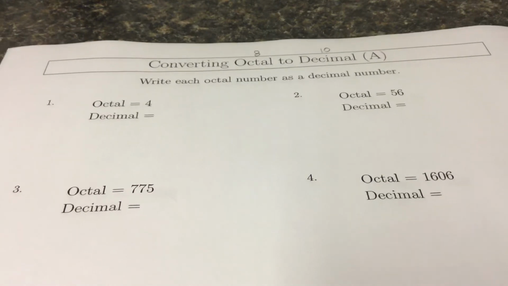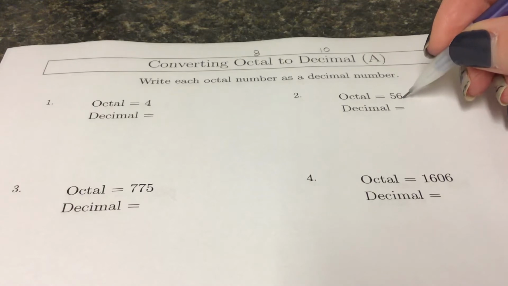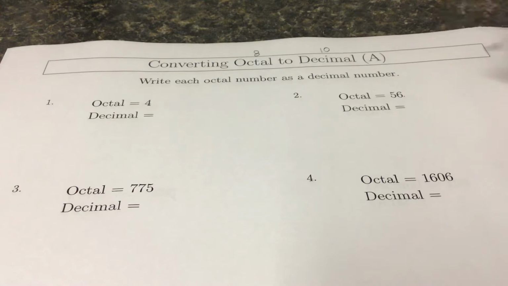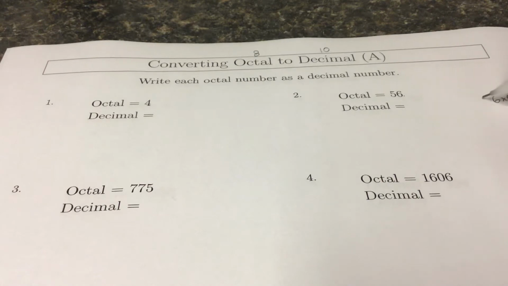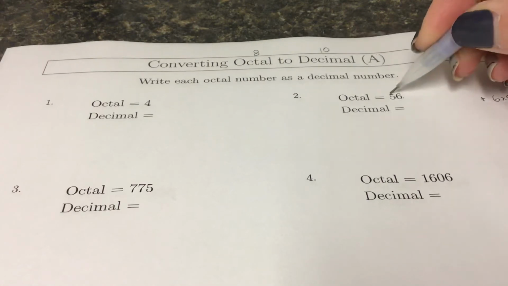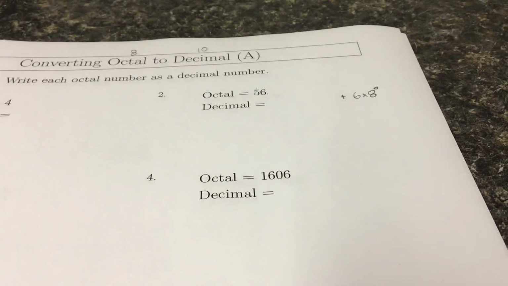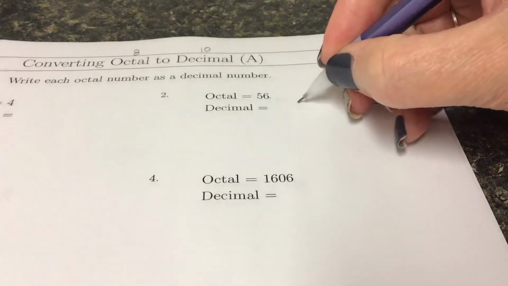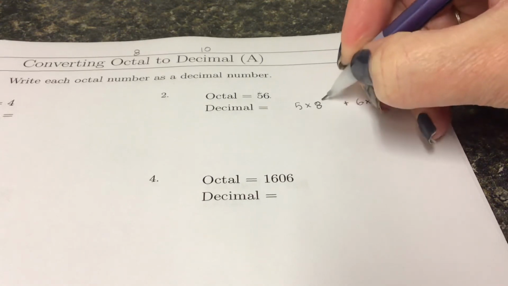So it starts off, I'm going to look at this one first. This 6, because it's in this spot, would be 6 times 8 to the 0. And then the 5, because it's in that second spot, we would take 5 times 8 to the first.